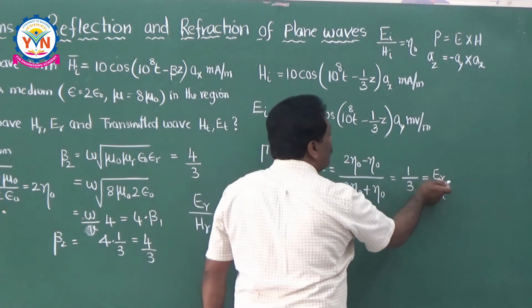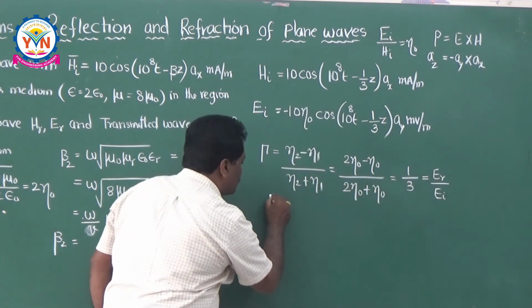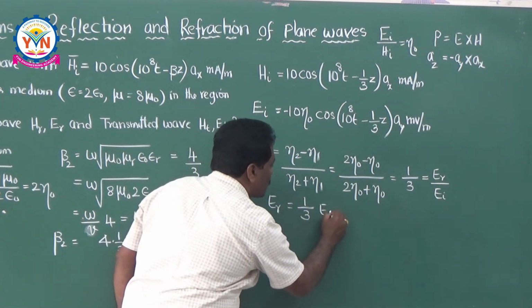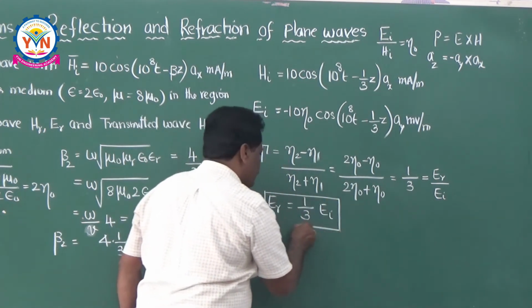So what is the value of this reflection coefficient? The reflection coefficient is equal to the magnitude of ER, which is 1/3 of EI. This is much more important for writing these reflected components.